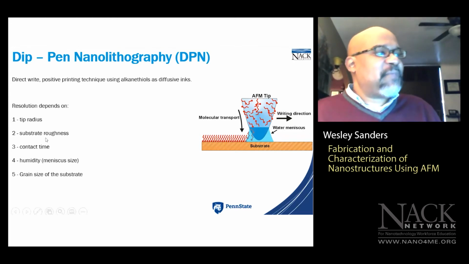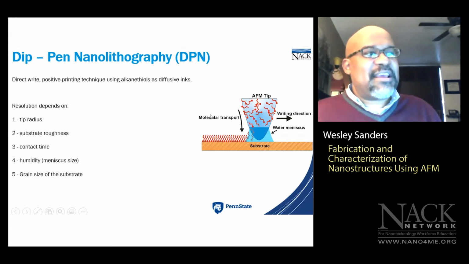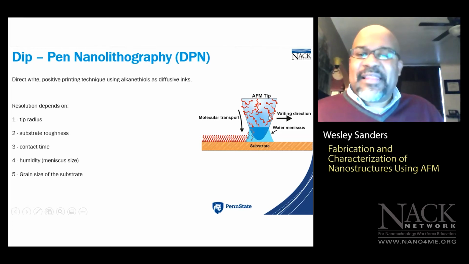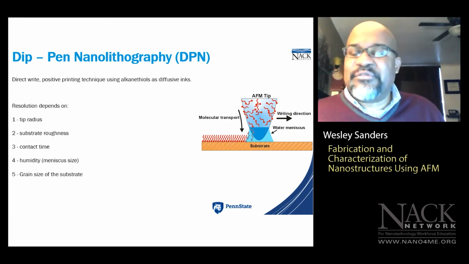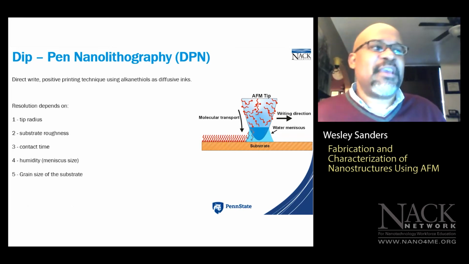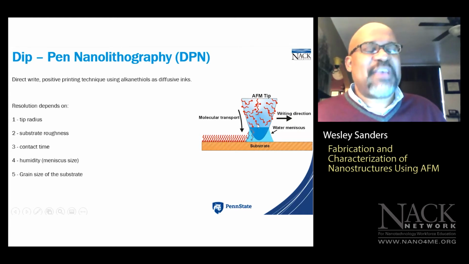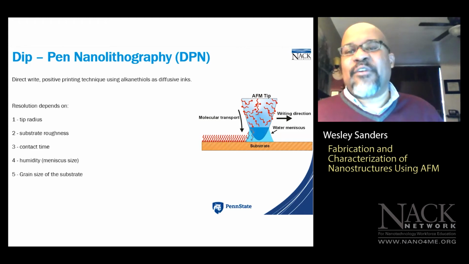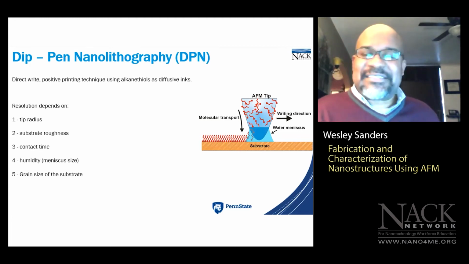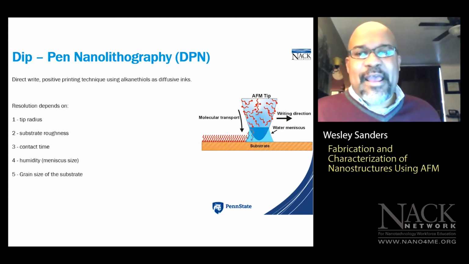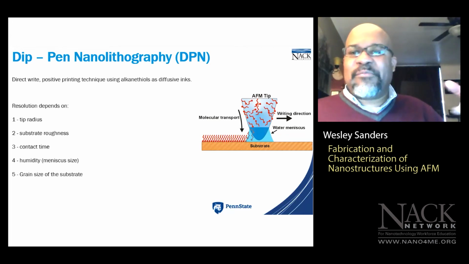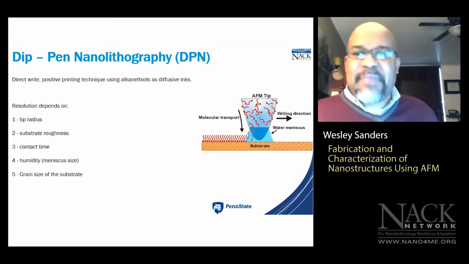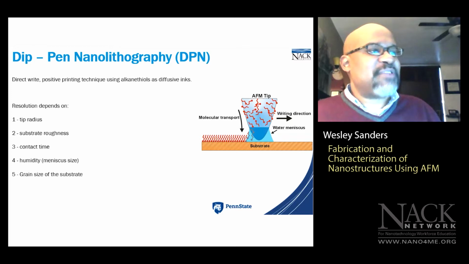Substrate roughness. Now this impacts dip pen nanolithography because, like I said a couple minutes ago, the ink that's oftentimes used in dip pen nanolithography is an ink made using alkane thiols and alcohol, right? Alkane thiols are a very versatile molecule because they really like to stick to gold via the sulfur atom, and they have a head group that can be tailored in order to meet the needs of your research project.